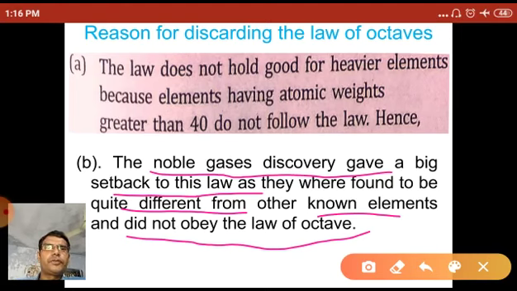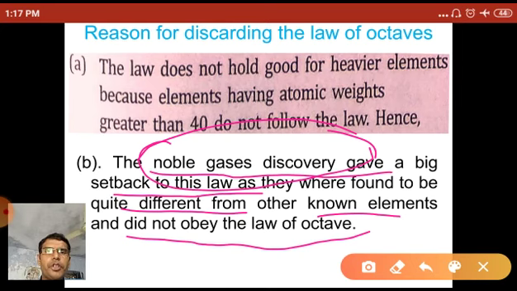At the time when Newland proposed his law of octaves, the noble gases were not discovered. But when the noble gases were discovered, they did not fit in the periodic table according to the law of octaves, because noble gases do not obey the law of octaves.